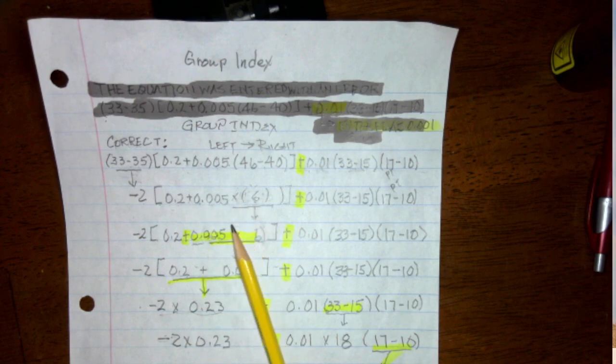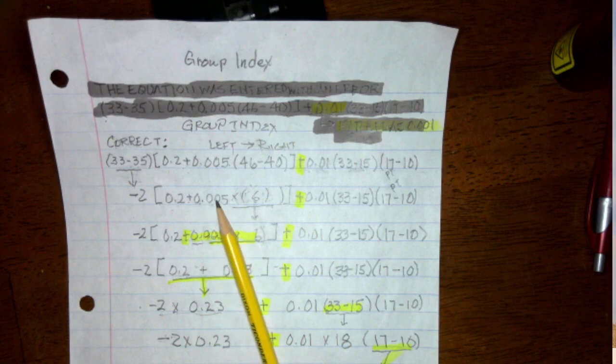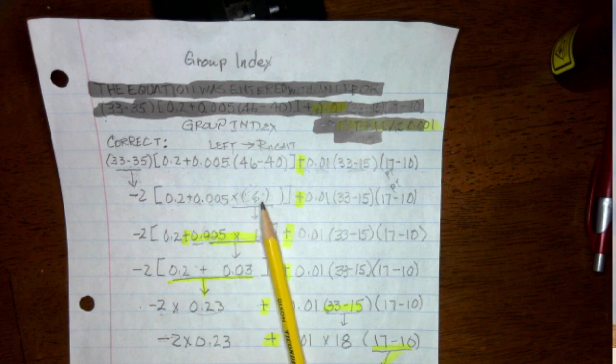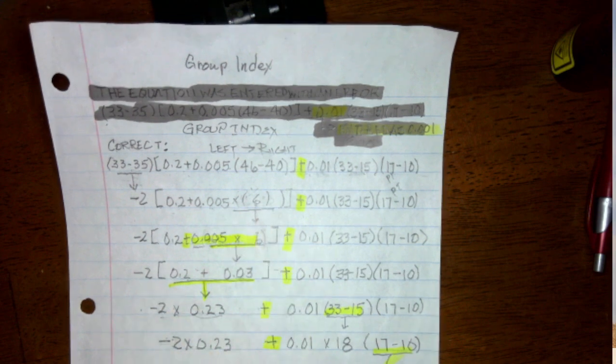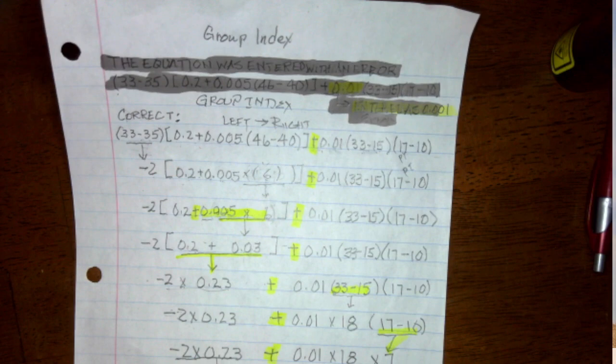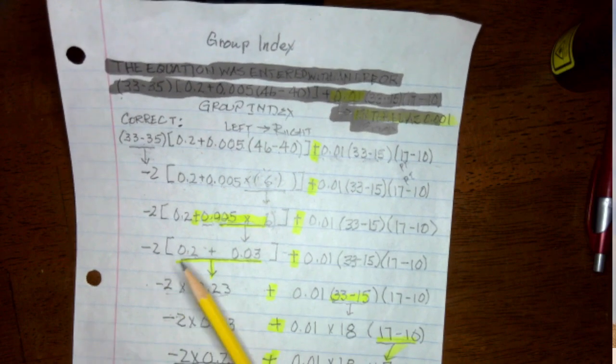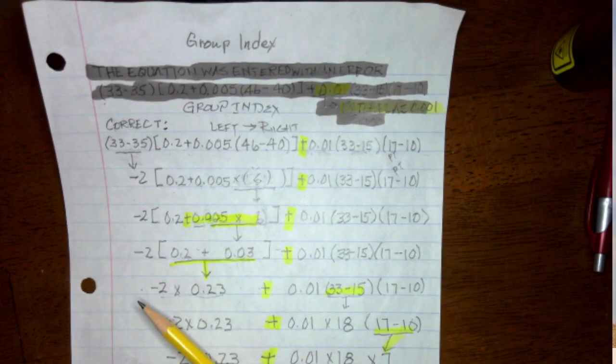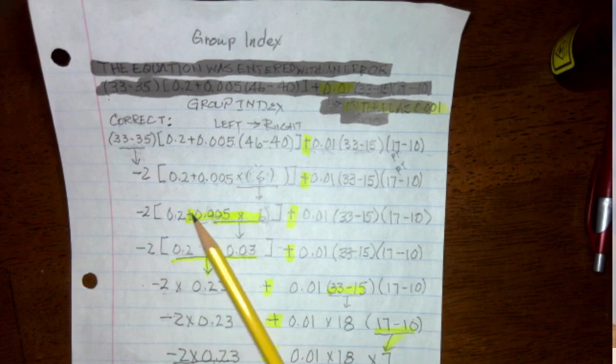I kept it before I added it, because we're going to multiply this 0.005 times 6 here in a minute. I hope not too many minutes. And what we're going to get is this is the same thing going down. I still have it.